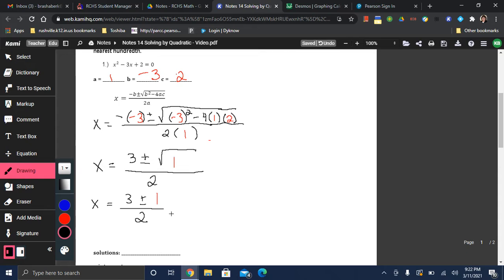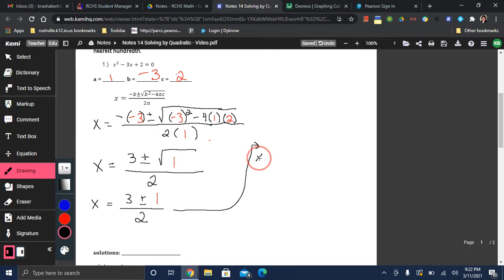All right, so I'm out of space down there, so I'm going to draw an arrow so you can see where I'm going to be working. So this plus or minus sign is now telling me that I have 2 answers that I'm going to get. So now I'm going to split up my 2 answers. For one of them, I'm going to use the plus sign, and for the other, I'm going to use the minus sign.